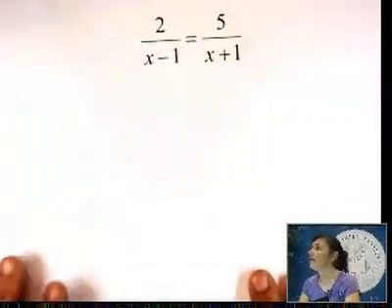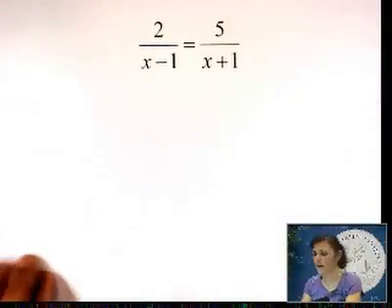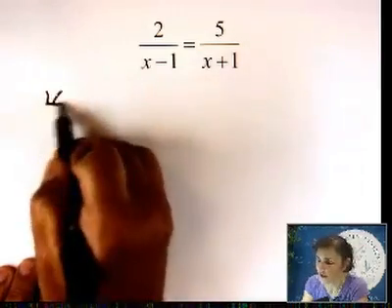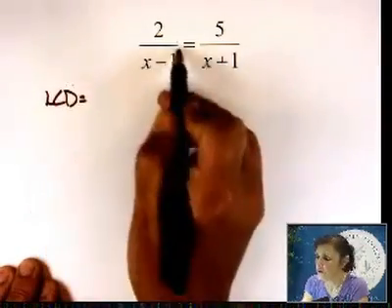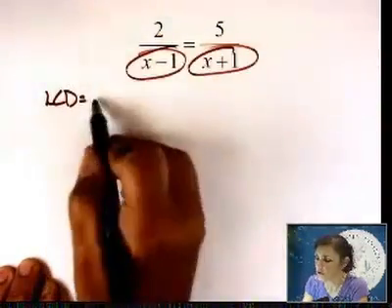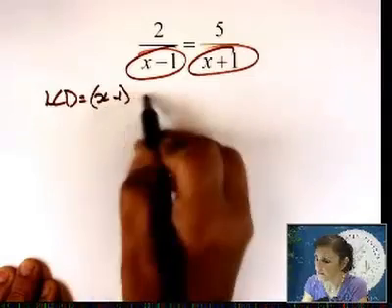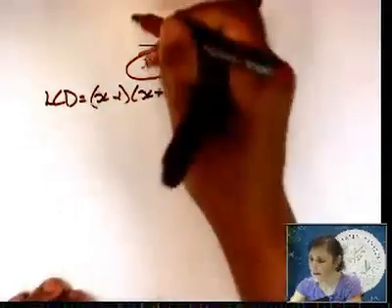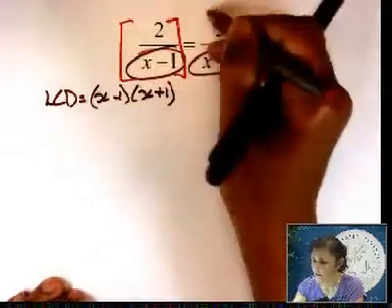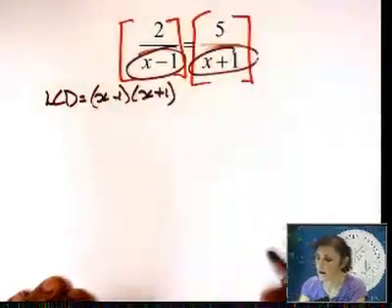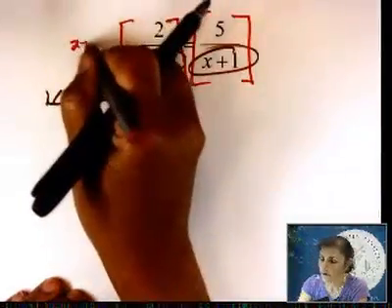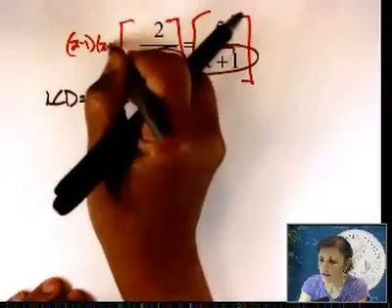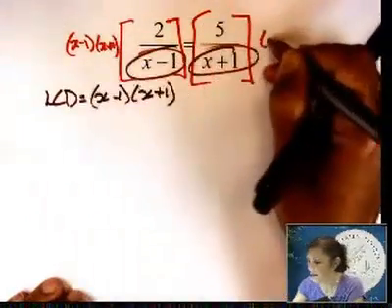Let's do another one. This looks like a proportion, doesn't it? Let's find the lowest common denominator. It's going to be the multiplication of these two. What do I do? Remember, put your brackets. Multiply the left and the right by the lowest common denominator.